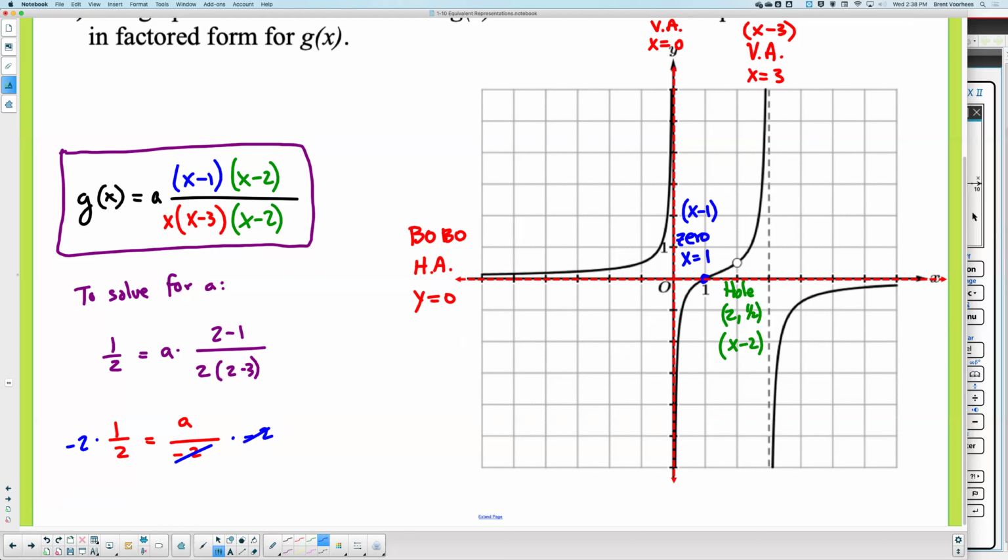There we go. Those cancel off. And so a equals -1. One more time, you could have a negative there. That's just kind of coincidence that that was our last one. But that's how you would do it. Do you actually need to solve for a? Is that going to matter much for you? No, that was extra just to show you how it's done. You just plug in numbers. You plugged in a value. I plugged in the hole because that was just an easier equation to do.